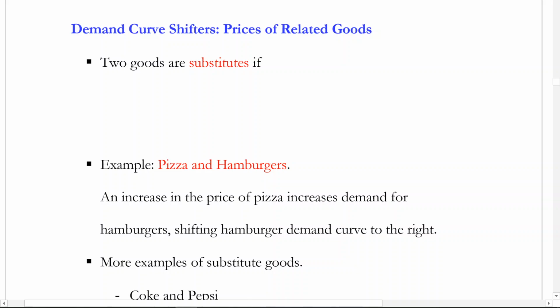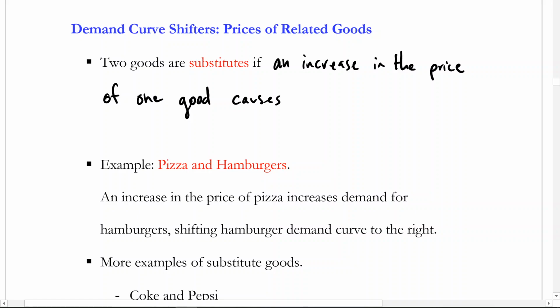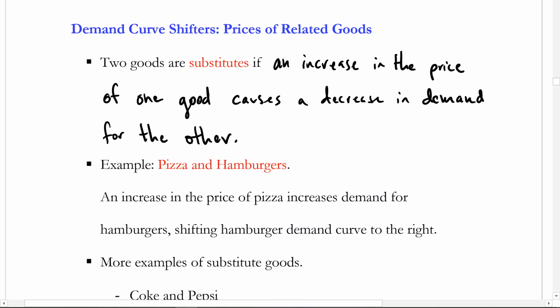We'll start with substitutes. Our definition is that two goods are substitutes if an increase in the price of one good causes a decrease in the demand for the other.